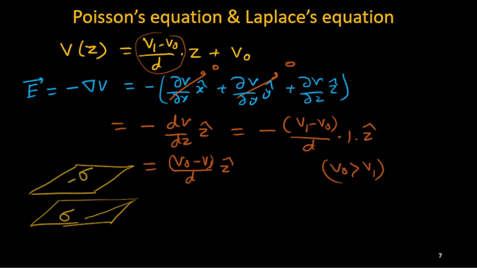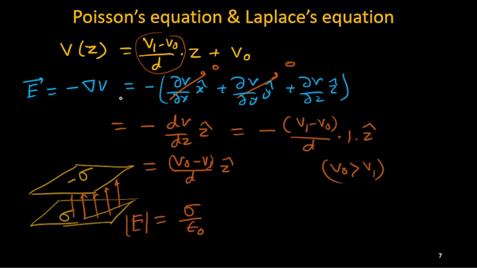Then the electric field will be only from this plate to this side, and outside there is no electric field. In between only, and this electric field magnitude we have computed as sigma upon epsilon naught. In the last video we discussed this, you will get the link. Using Gauss law we got the electric field between two plates, one plate having charge density sigma, the other minus sigma, and it is sigma upon epsilon naught.